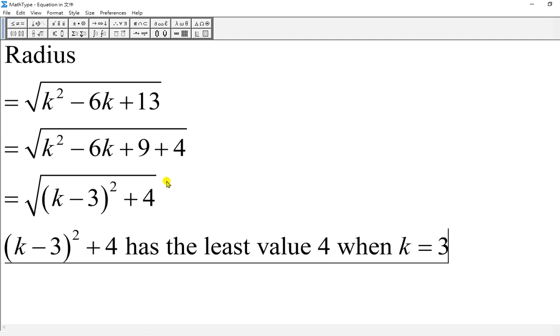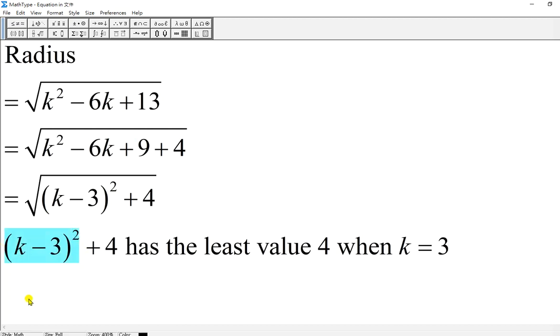Try to imagine if k exactly equals 3, then the perfect square term will become 0 and it just leaves positive 4. How about if k is not equal to 3? For example, 3.1, then the perfect square part will be a little bit greater than 0. So the whole expression will be a little bit greater than 4.